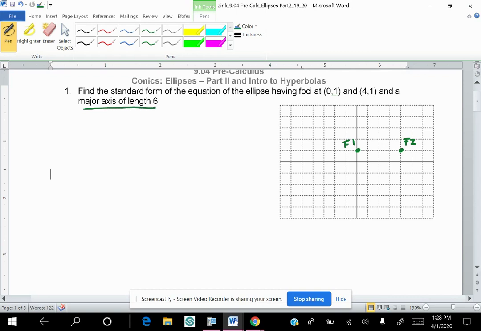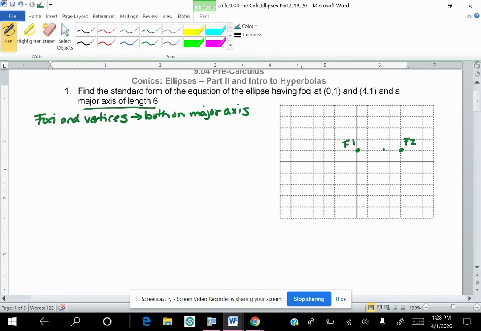So again, you want to remember that the foci and the vertices are always both on the major axis. So we know then that our vertices also have to be along this same horizontal line that you see. The entire length of the axis has to be 6.